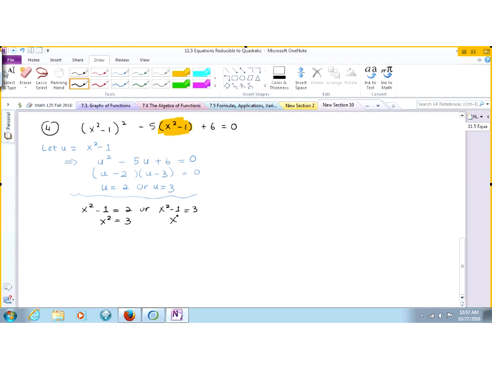So x squared is equal to 3, or x squared is equal to 4. Okay, so what next? Square root both sides, and then this is plus or minus. So what is this? x is plus or minus square root of 3, or x is plus or minus 2.